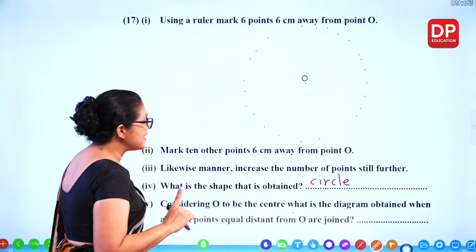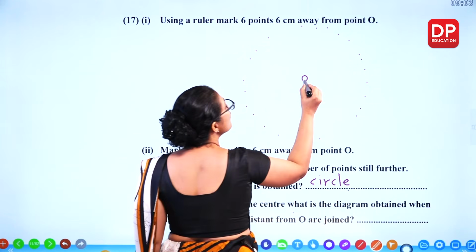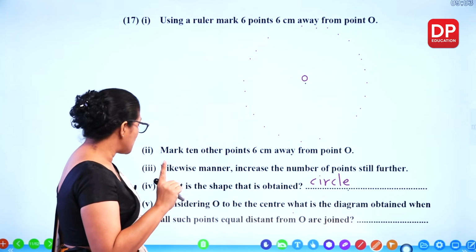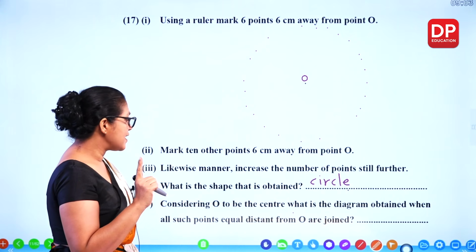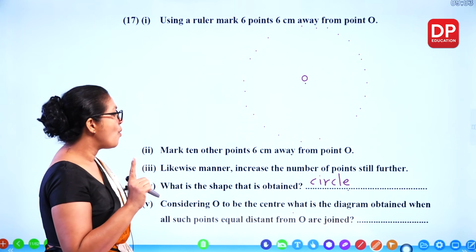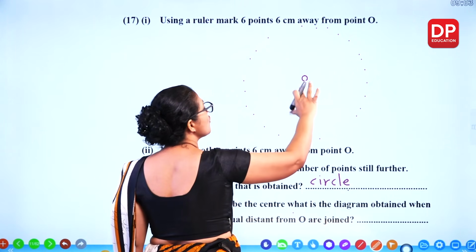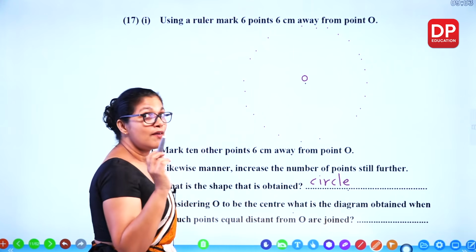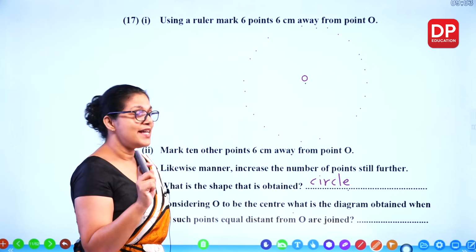Considering O to be the center. So this is O, the center. What is the diagram? Obtain all such points equal distance from O and join them. So what's the name here to here? We use that word radius.